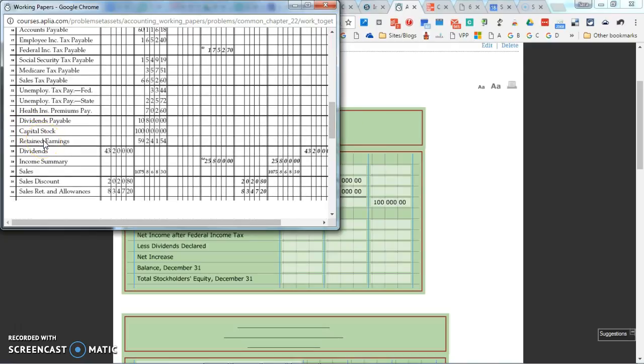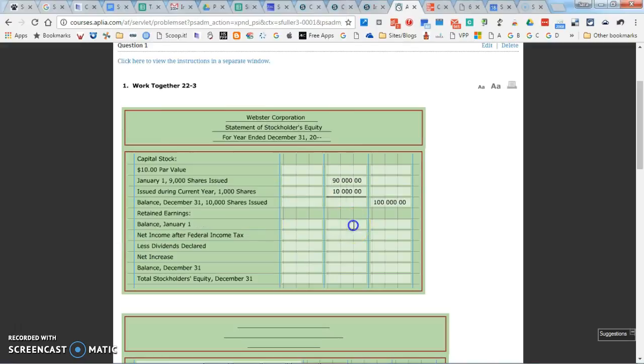Okay, so we're on retained earnings, so the balance January 1 is your trial balance. So middle column, $59,241.54. Then our net income after federal income tax, so that's labeled in the worksheet. $75,425.83. Then our dividends declared, once again on the worksheet. First column here, 43,200.